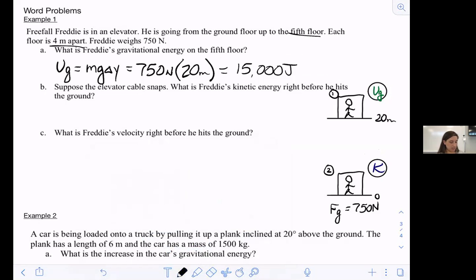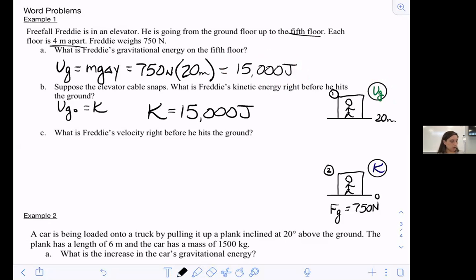And so these pies are telling me that his gravitational energy is equal to his kinetic energy. So since I have already calculated that his gravitational energy at the beginning was 15,000 joules, then I know that his kinetic energy right before he hits the ground must also be 15,000 joules.